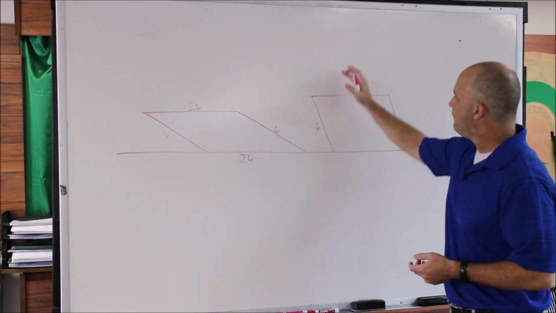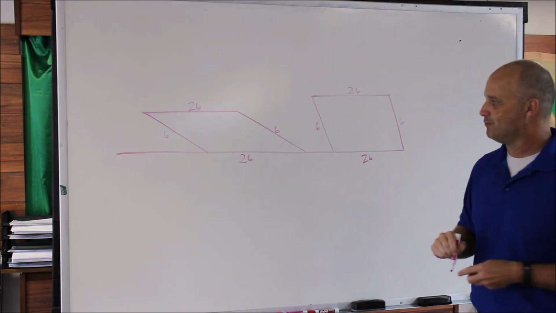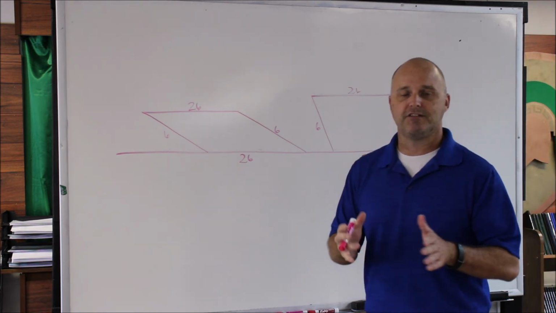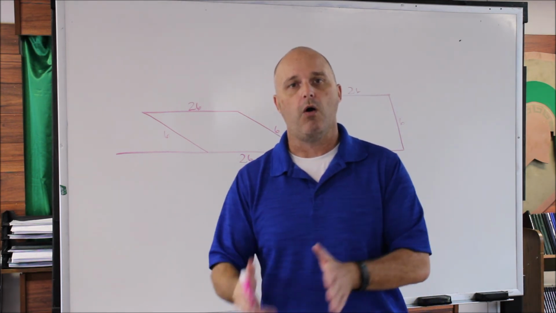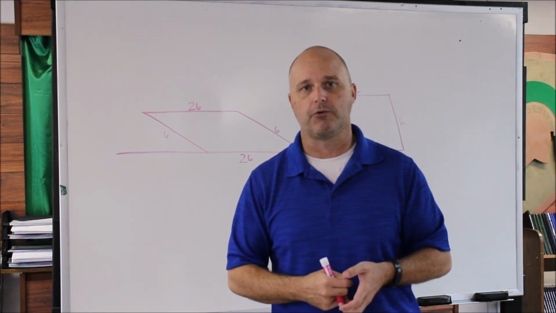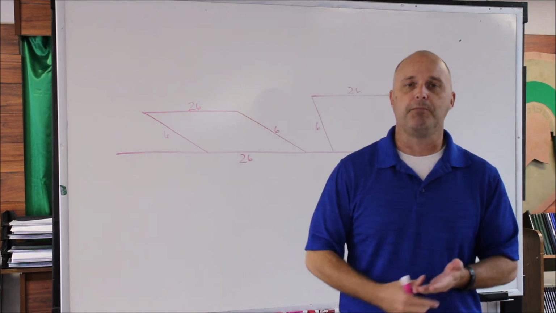And since both pairs of opposite sides are congruent, they always have to be in the shape of a parallelogram, which means that the bottom and the top sides always have to be parallel to each other.